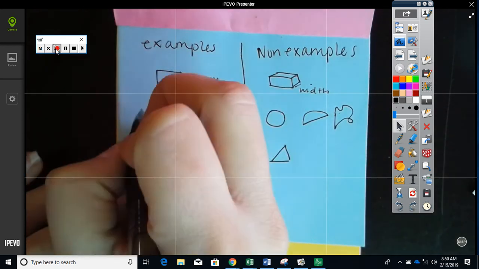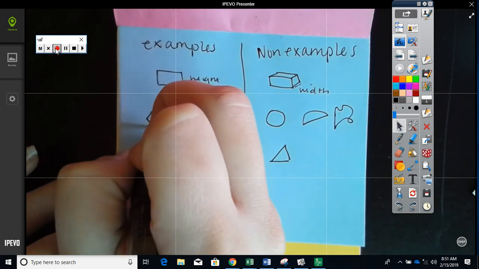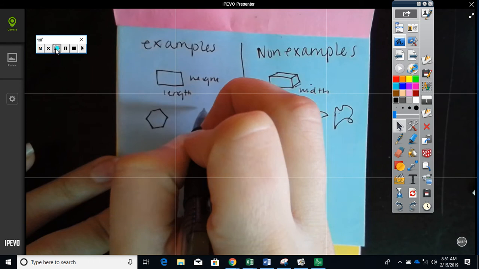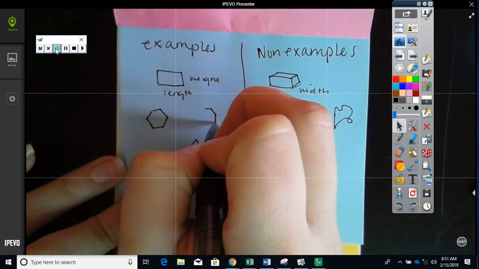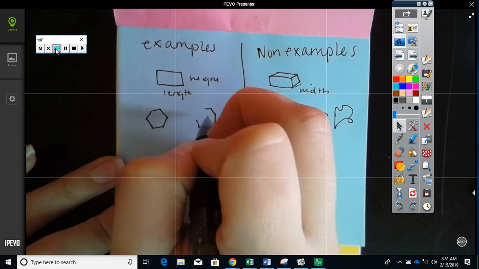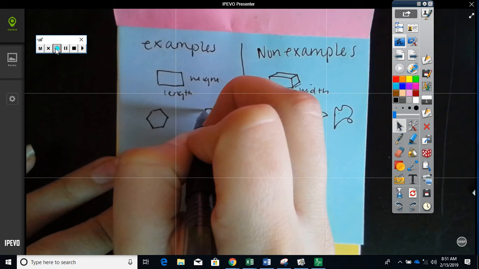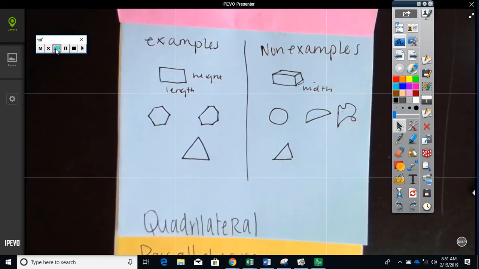A polygon can have 3 sides, 4 sides, it can have 6 sides, 10 sides, it could be 7. I'm trying to make one that's 7. You can have 4 sides, 6 sides, 7 sides, 3 sides. They just have to be straight, has to be closed, and it can't be 3D.